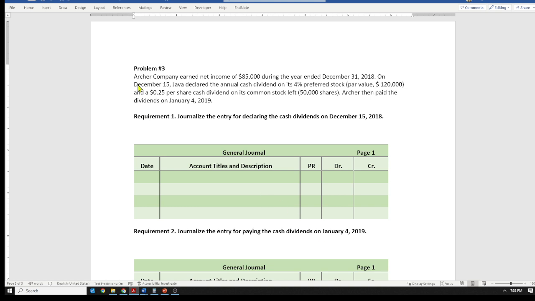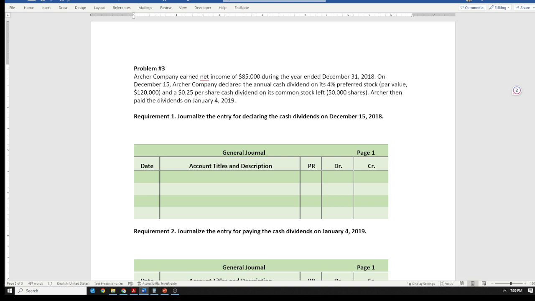On December 15th, they declared annual cash dividends on its 4% preferred stock with par value of 120,000, and a 25 cents per share cash dividend on its common stock, which is 50,000 shares. Archer then paid the dividends on January 4th, 2019.